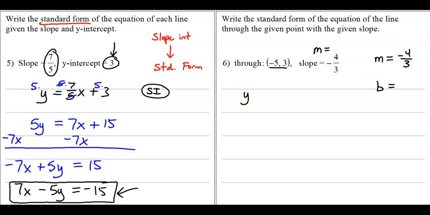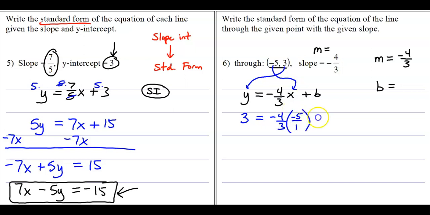So I have y equals mx plus b. And here's where I do the little move where I substitute the point in, just like we did yesterday. So I have 3 equals -4/3 times, let's just call that -5/1, added to b. And we got to clean this up a little bit.